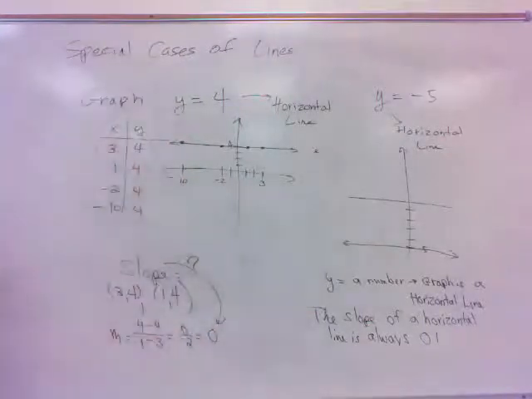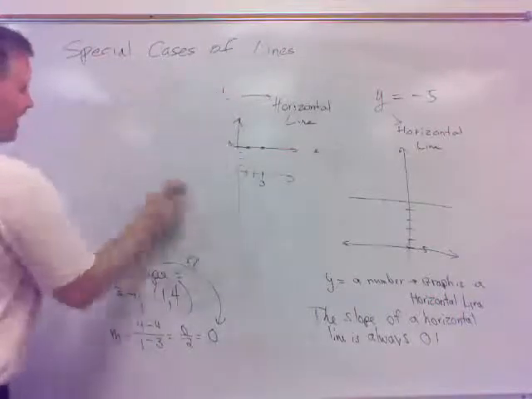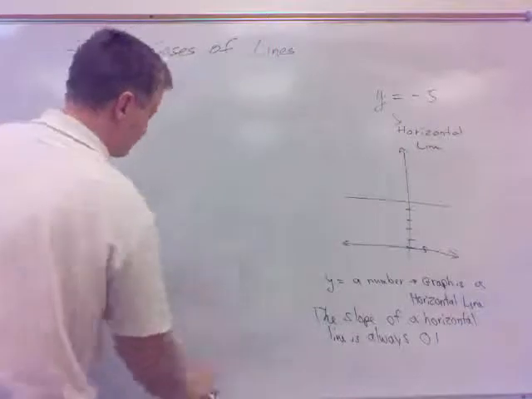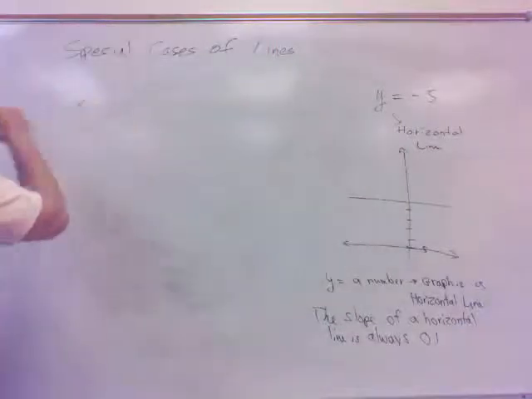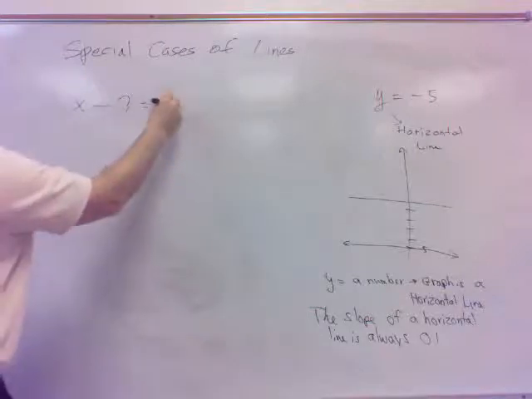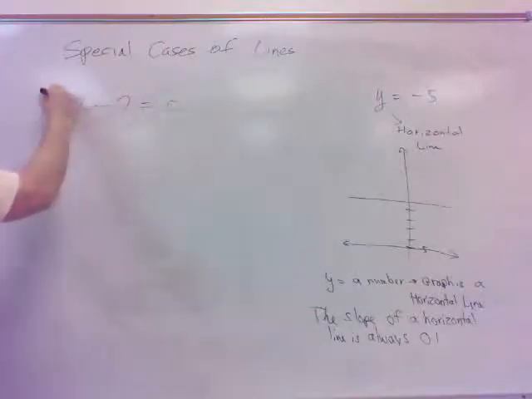So let's talk about this a little more here. What if it was x minus 7 equals 0? I wanted to graph that.